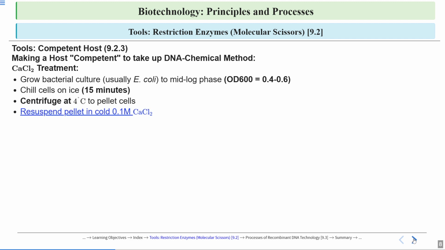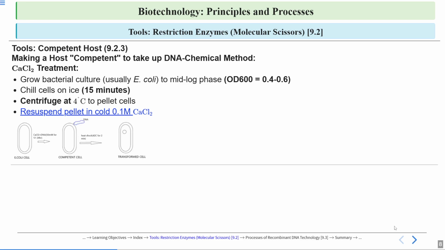Then what we do now, because we have our bacterial culture E. coli, is resuspend this pellet in cold 0.1 molar calcium chloride. This is the same pictorial representation.